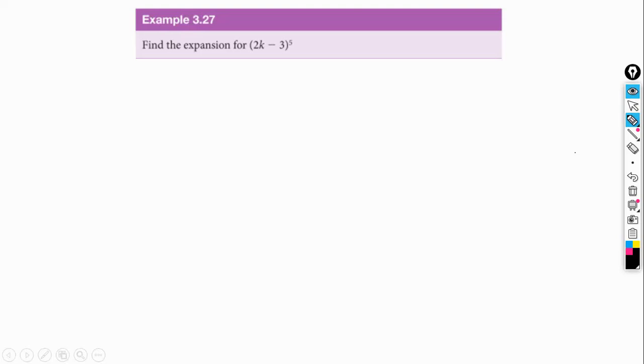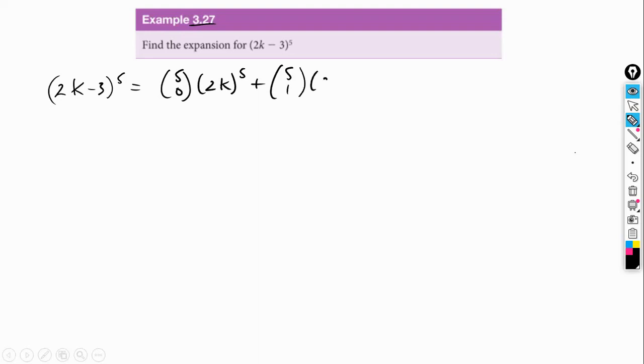So next we have example 3.27, which is very similar to example 3.26, where they ask us to do an expansion. So this would be 2k minus 3 to the power of 5. We follow the same procedure. This will be 5 over 0 for the coefficient, and then 2k to the 5. Next step, 5 over 1, and then 2k to the 4, and negative 3.